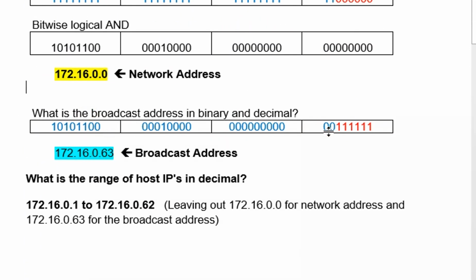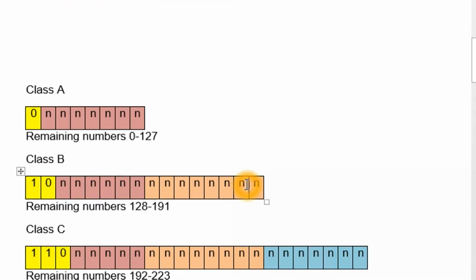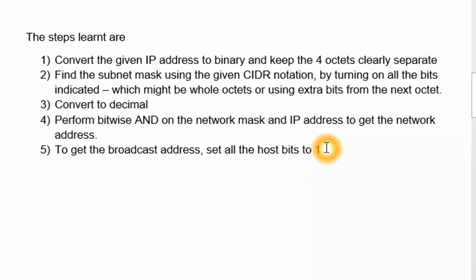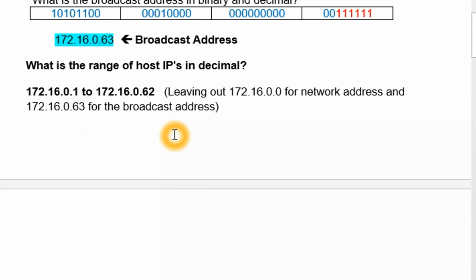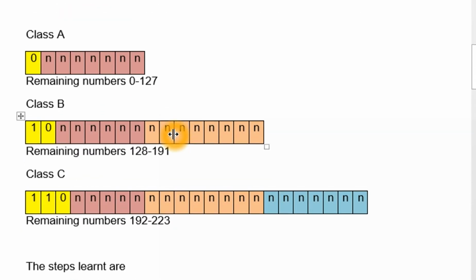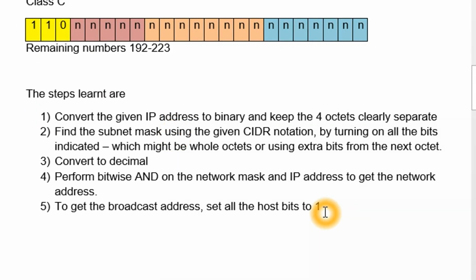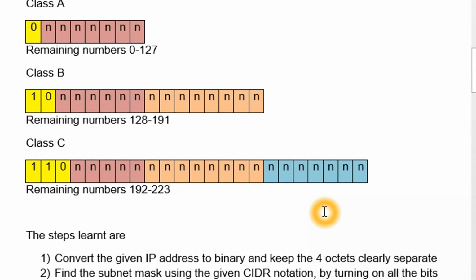It's the same thing, but you turn all the host bits to 1. And there you go, you've got it. Then how do you find the possible range of hosts? It's simply leaving out the one for the network address and the one for the broadcast address. You're left with the range of possible addresses.